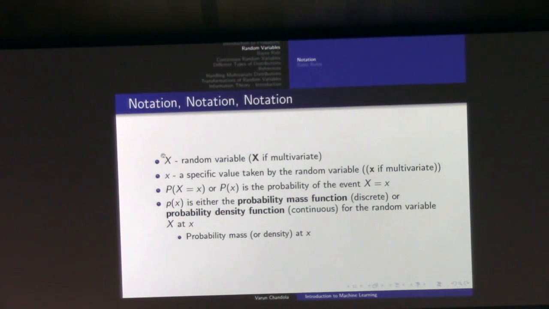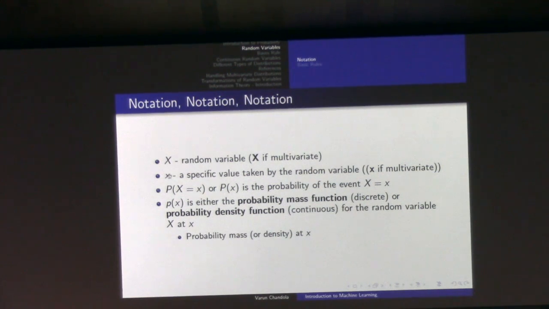So we typically use an uppercase regular X to denote a random variable. If your random variable itself is a vector, so far I said, okay, temperature, that's a scalar value, color, that's a categorical value, but it could also be a vector of observations, right? Then we denote it by a bold x.